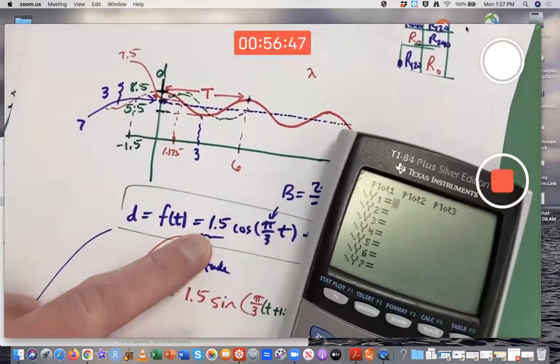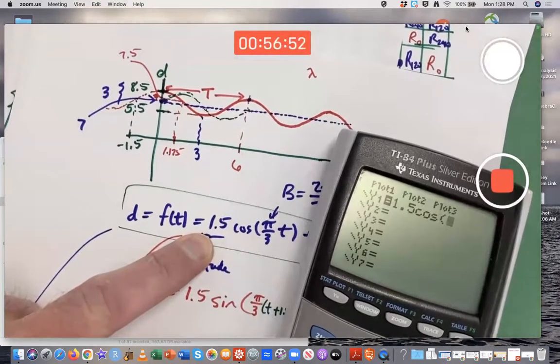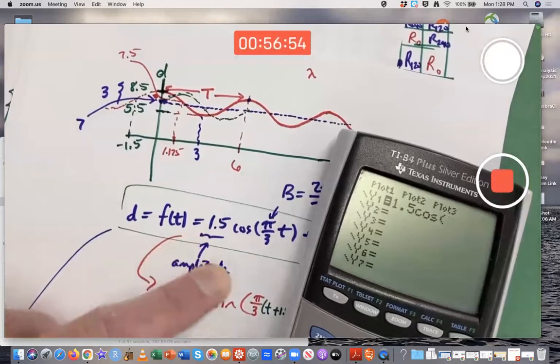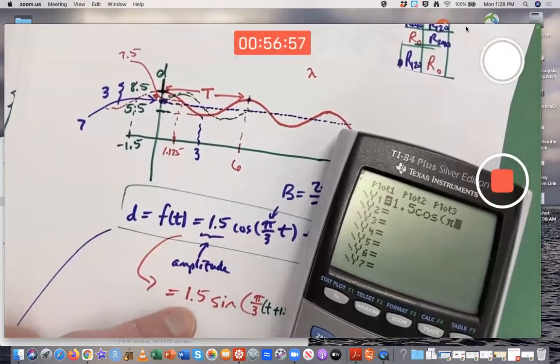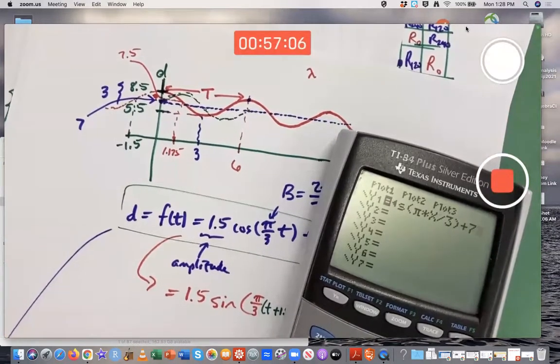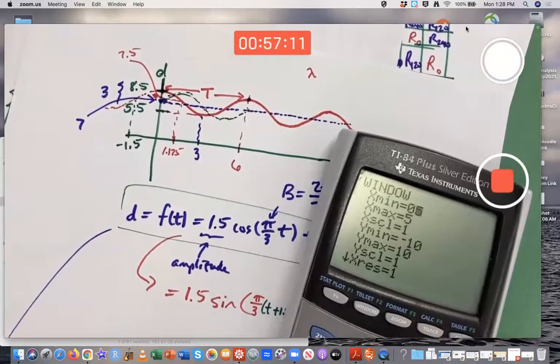So I'm going to go ahead and plug the function in. 1.5 cosine of pi over 3 times t is the same as pi times t, which of course is going to be an x on the calculator, divided by 3, use parentheses, plus 7. Pick a window like 0 to 6, and maybe 0 to 10 for the y min and y max. This should be a pretty good window.